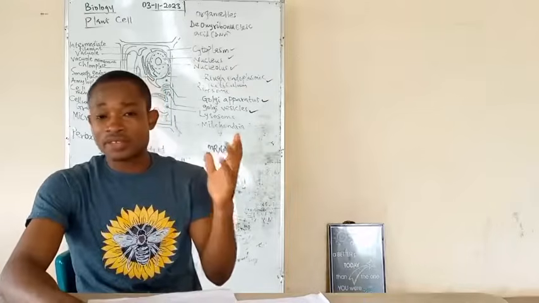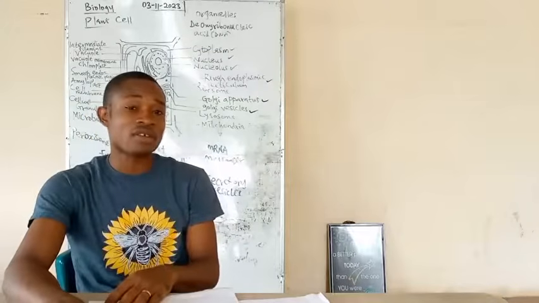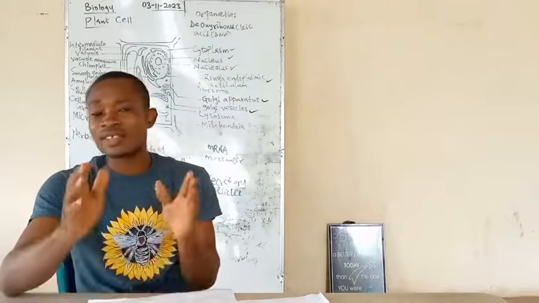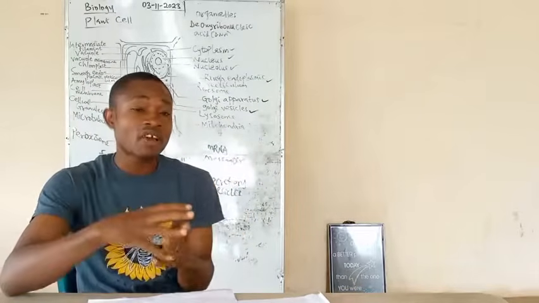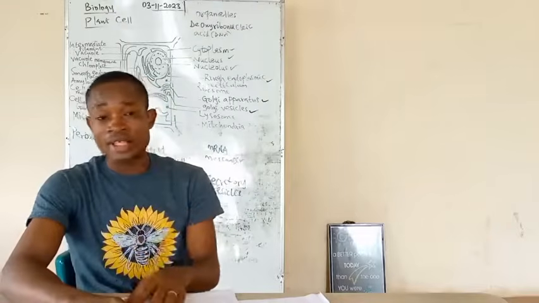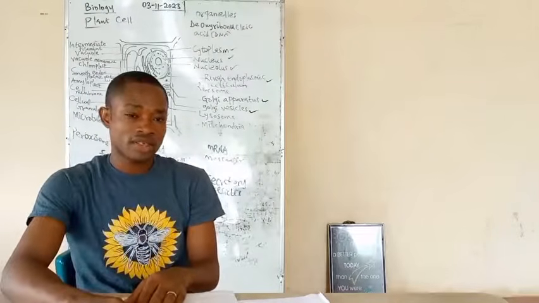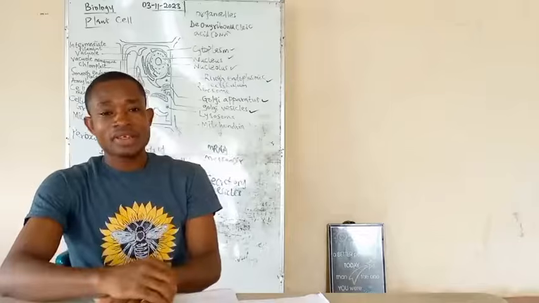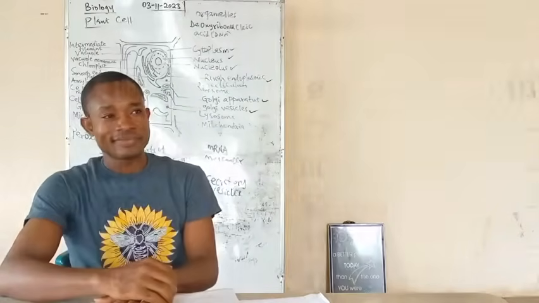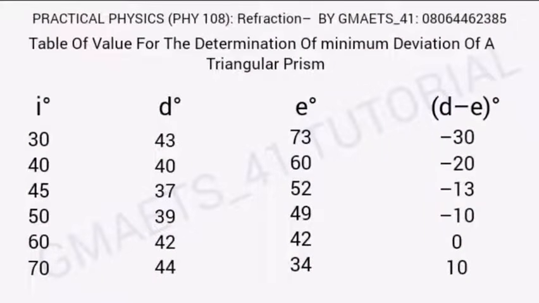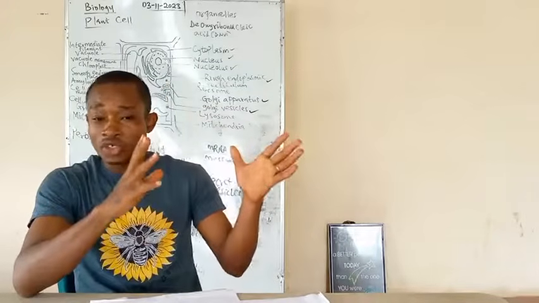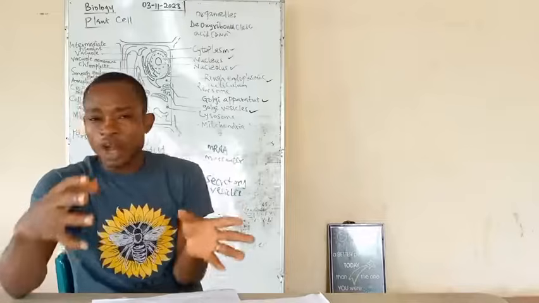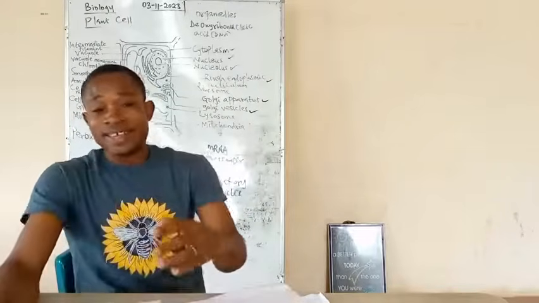Using the angle of incidence 30 degrees, 40 degrees, 45 degrees, 50 degrees, 60 degrees, and 70 degrees, I obtained the angle of deviation D, the angle of emergence E, and of course I evaluated D minus E. Please watch the screen as the table of values displays.